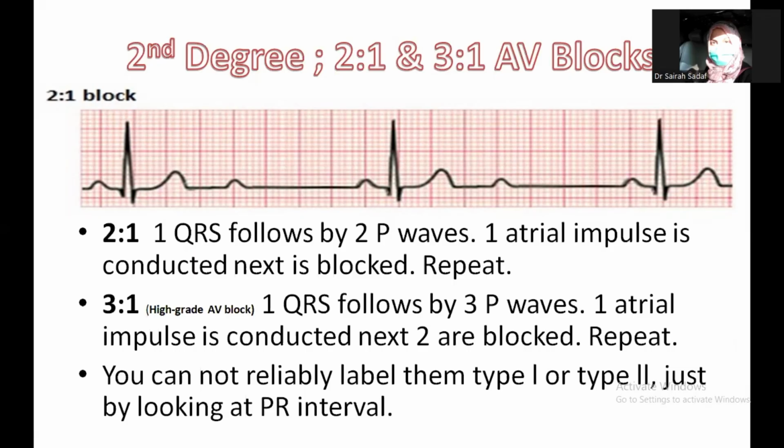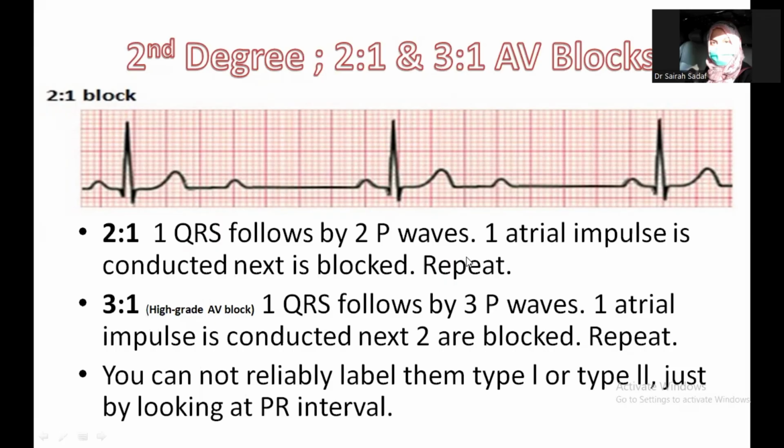We have another type of second degree AV block, and we call it 2-in-1 and 3-in-1. It's very self-explanatory. 2-in-1 means one QRS complex will be followed by 2 P waves, and 3-in-1 means one QRS complex will be followed by 3 P waves. What does that mean? That means one atrial impulse is conducted while the next is blocked.